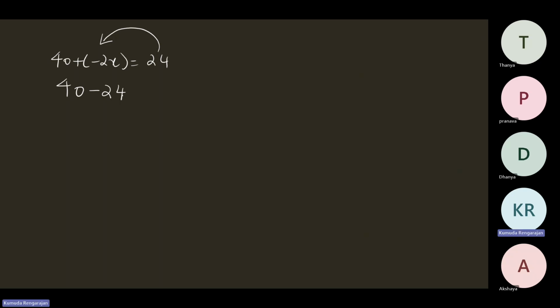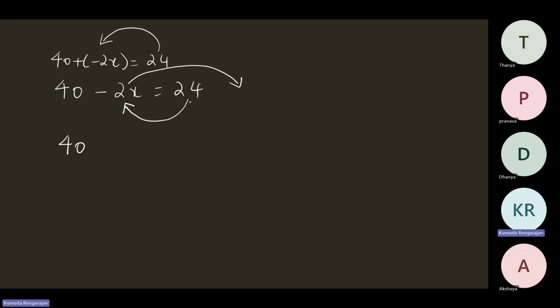All right. And then, before that, you can open the bracket here. So it will be 40 plus into minus minus 2x is equal to 24. Now you'll have to transpose the 2x and the 24. So 40 on the right hand side, you have plus 24.